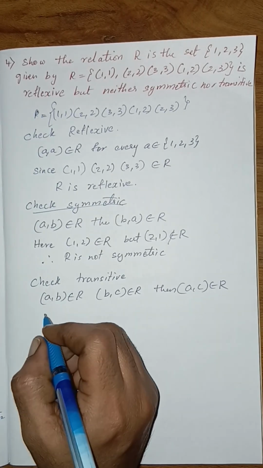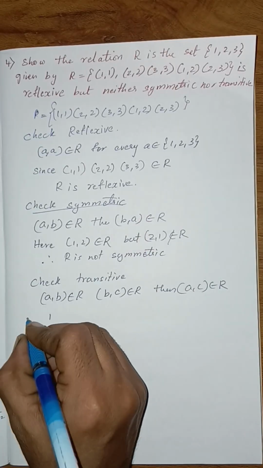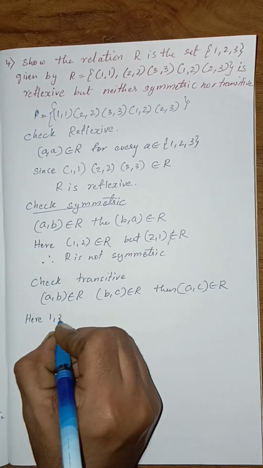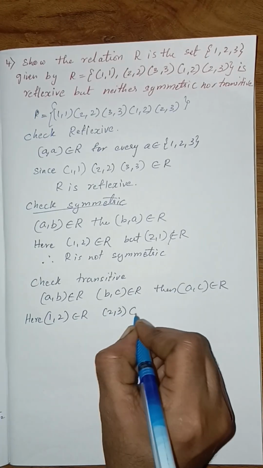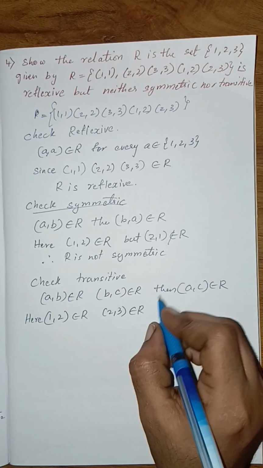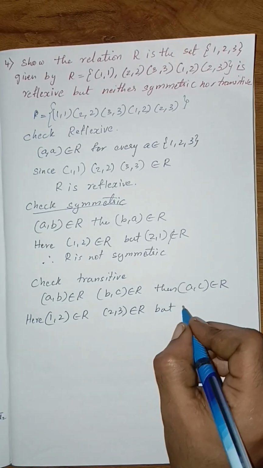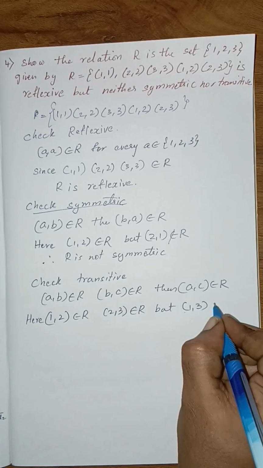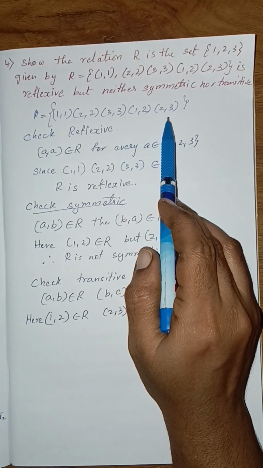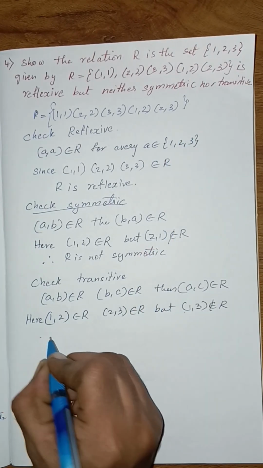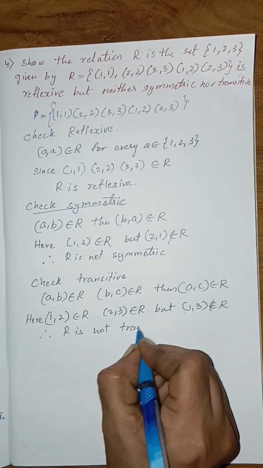So if here we take (1, 2) and (2, 3), (1, 2) belongs to R and (2, 3) belongs to R. But I should have (1, 3), where (1, 3) does not belong to R. We do not have (1, 3) in the relation. So therefore R is not transitive.